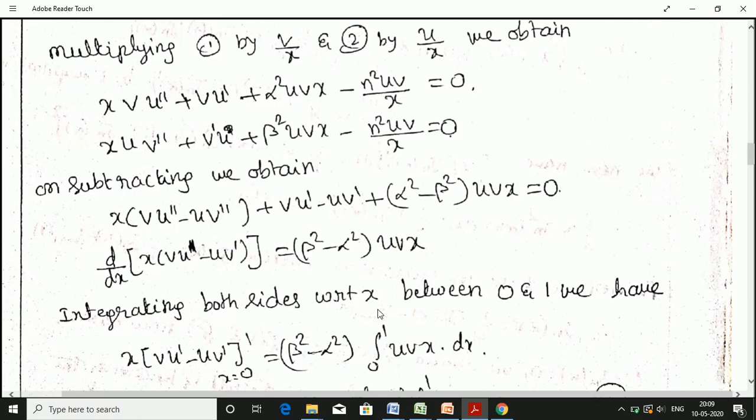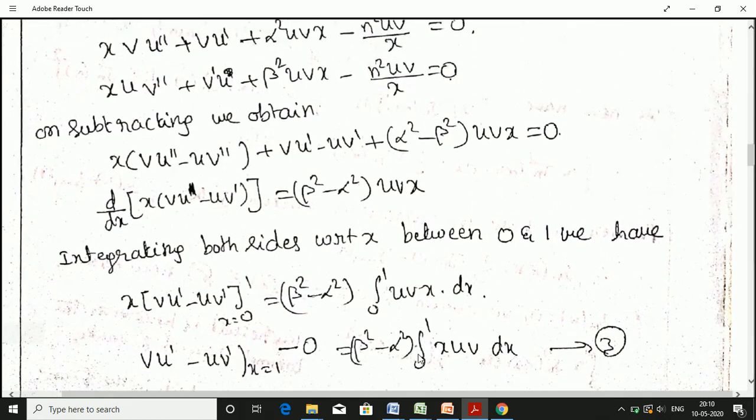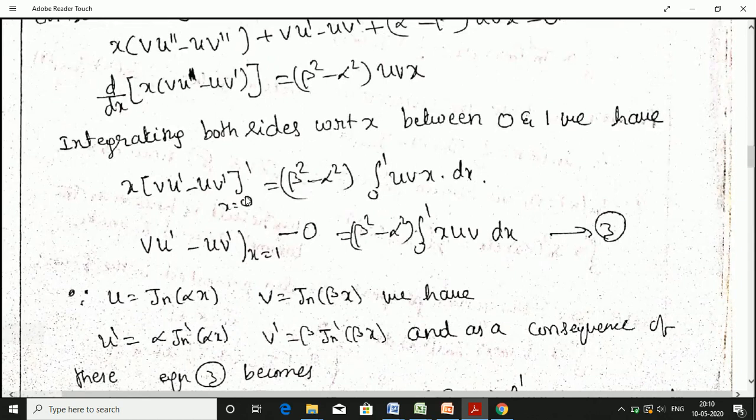Integrating both sides with respect to x between the limits 0 to 1, the integral and differential get cancelled, between the limits x equal to 0 to 1, equal to beta square minus alpha square into integration 0 to 1 uvx dx. When x is equal to 1, this becomes vu dash minus uv dash at x equal to 1, minus, when x equal to 0, this term is 0, equal to beta square minus alpha square integration 0 to 1 uvx dx. We'll call it equation 3.